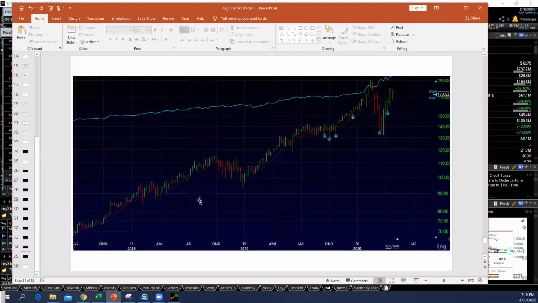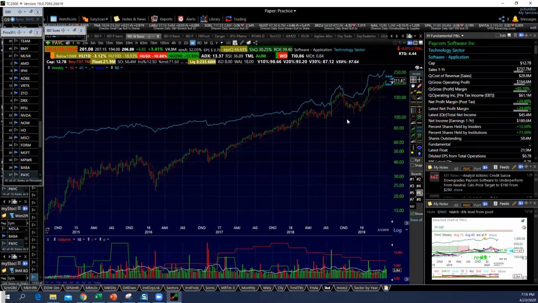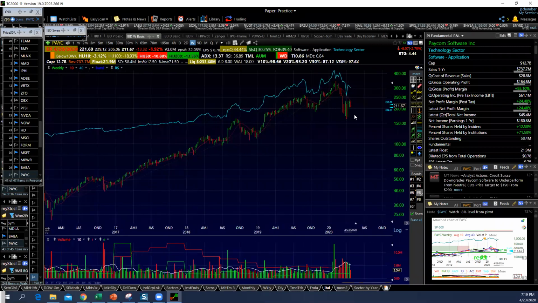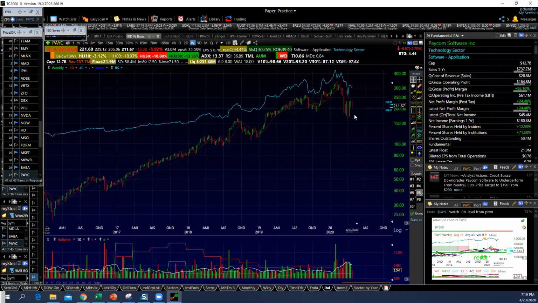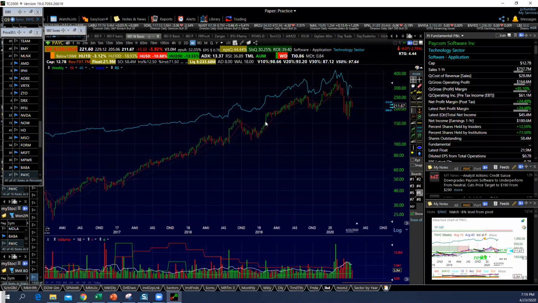So let's look at this one first. Oh, I think I know what it is. We're off on the angle. I moved it back to that point. Okay, so this was the cup pattern here. And there's the breakout. Here's the high point of the pattern on the left-hand side in a cup.